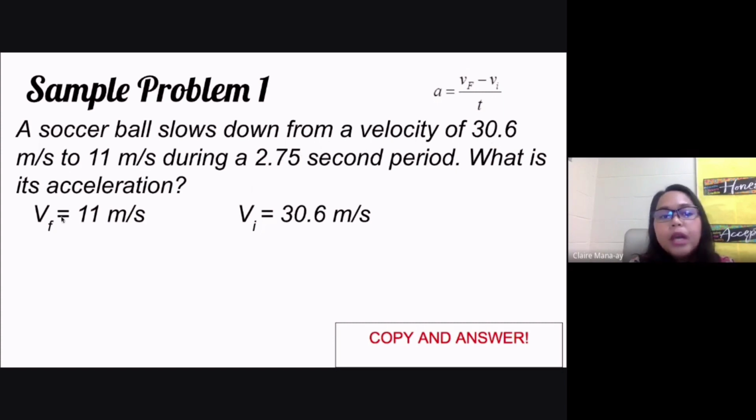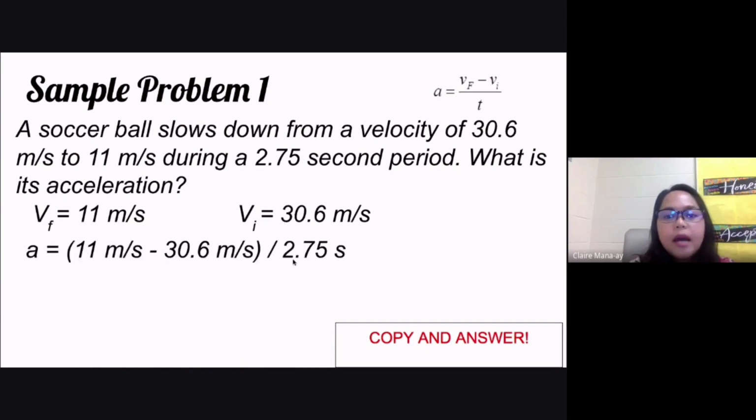So again, your final velocity is 11 meter per second. Initial velocity is 30.6 meter per second. Then, of course, you are given your time to be 2.75 seconds. Now, using your formula, we start with final velocity, that's 11 meter per second, and we subtract from that your initial velocity of 30.6 meter per second, and whatever is the difference here, we would divide that by the time, which is 2.75 seconds.